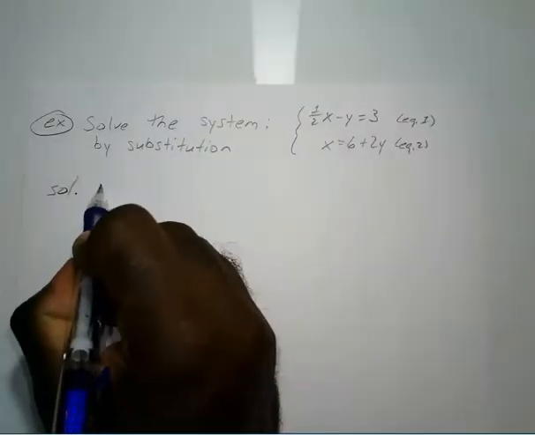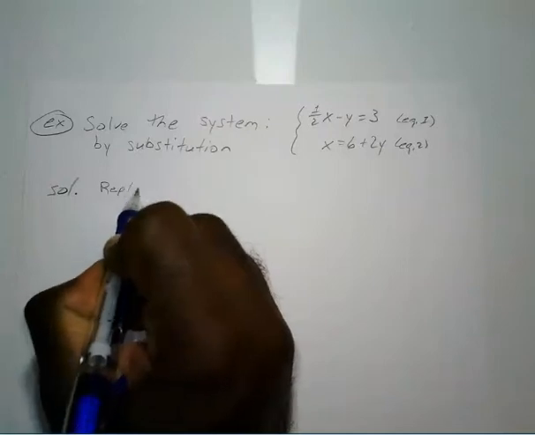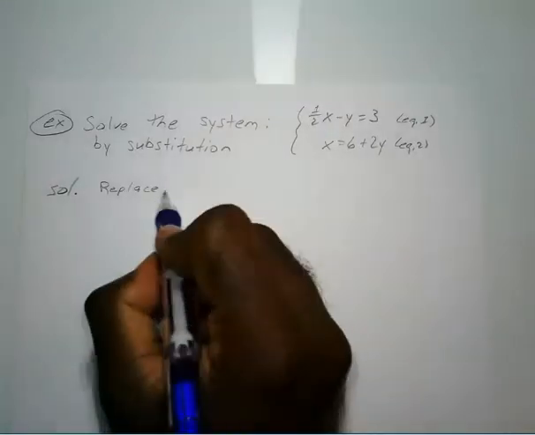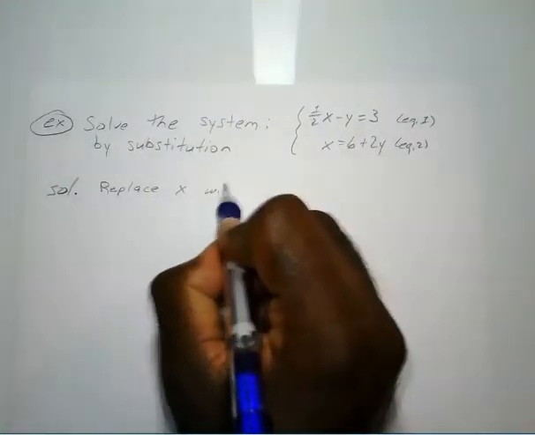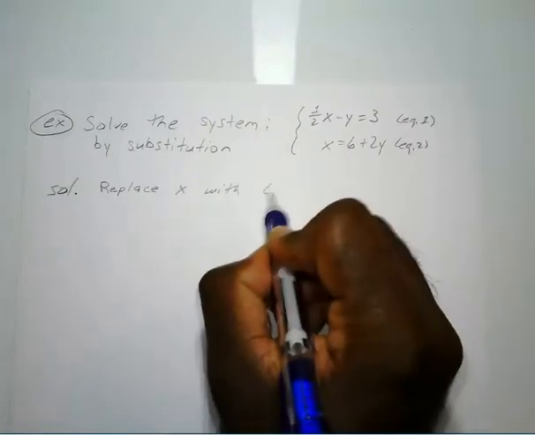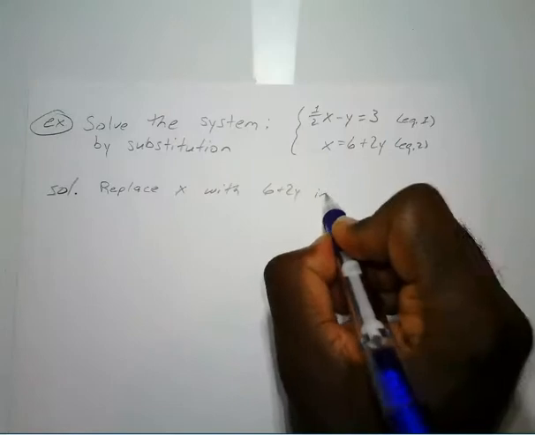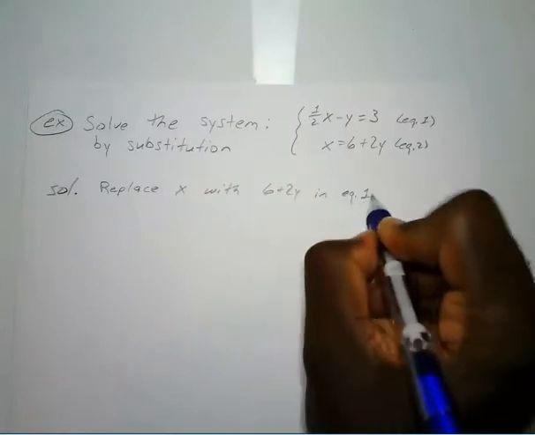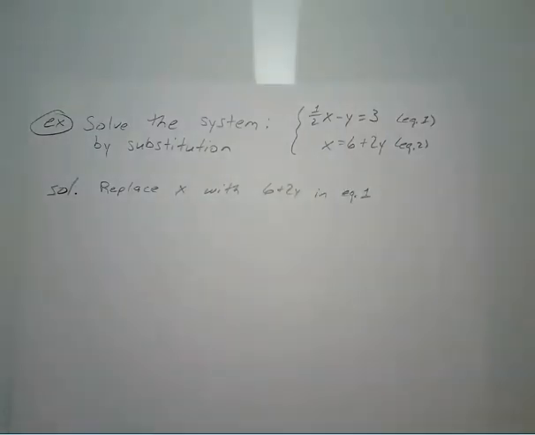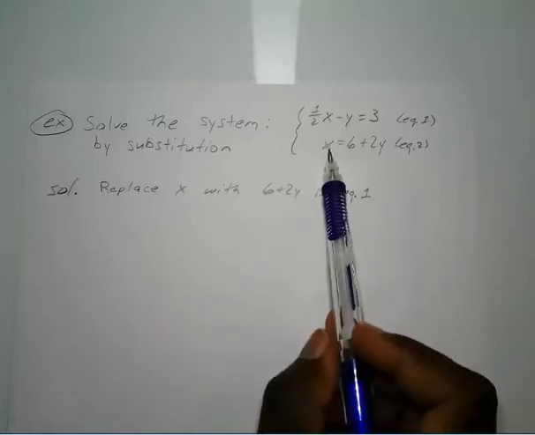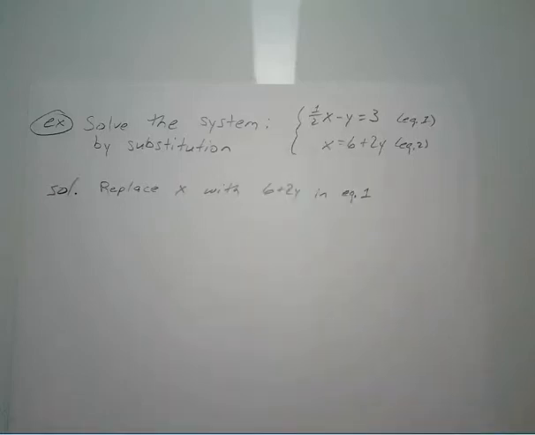Okay. So, of course, we replace x with 6 plus 2y in equation 1. Okay, the x is already by itself, so we don't have to worry about isolating anything.